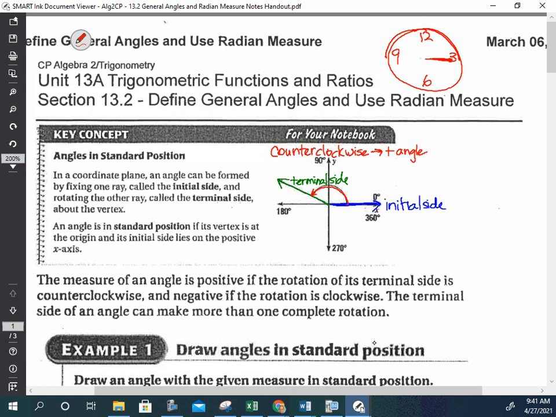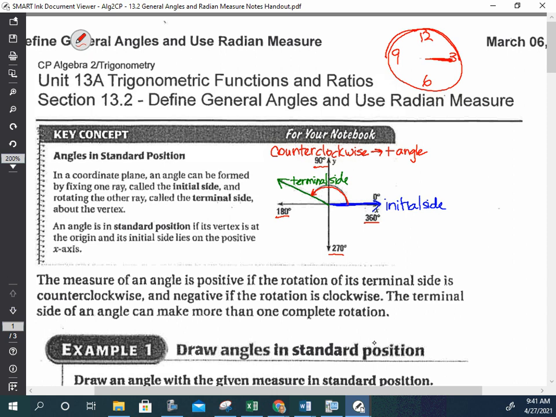So 0, 90, 180, 270, 360. You go all the way around a circle, that's 360 degrees. So if you have angles that are bigger than 360, that just means you're going around a circle more than once.